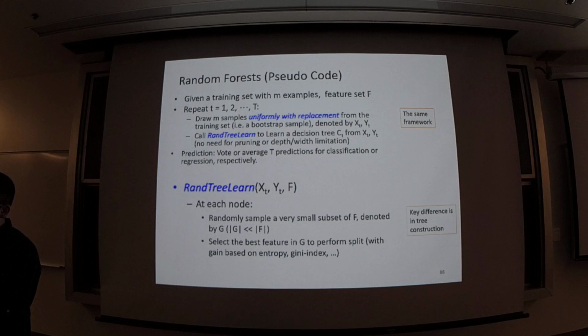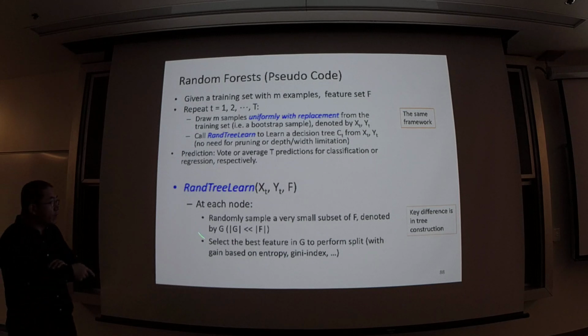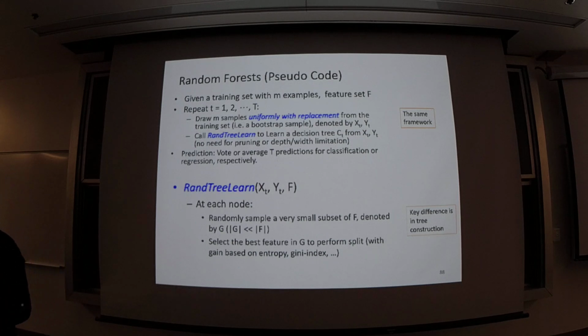If the subset is very small, you can imagine that if you use the original ID3, every time I use the full set, after only a few steps the tree has been constructed and very well fits the training set. But now every time I restrict the number of features to be selected to be very small, that means I have to grow many more times than just using the plain ID3.